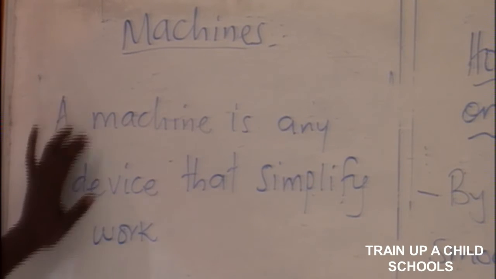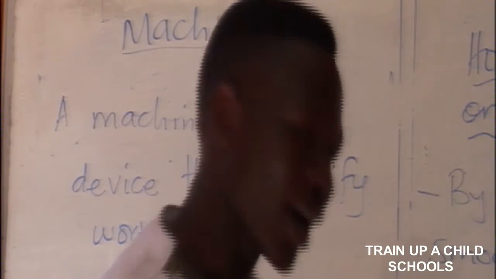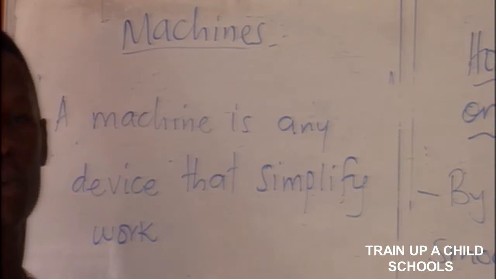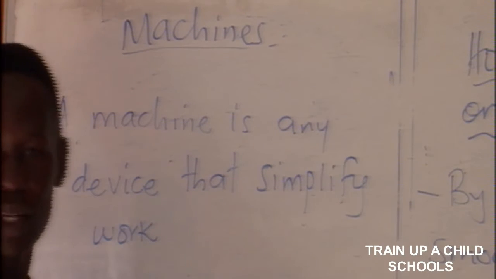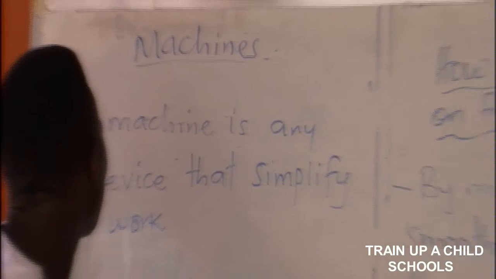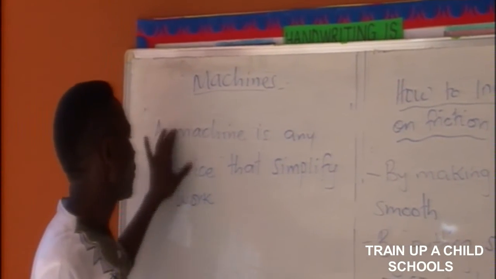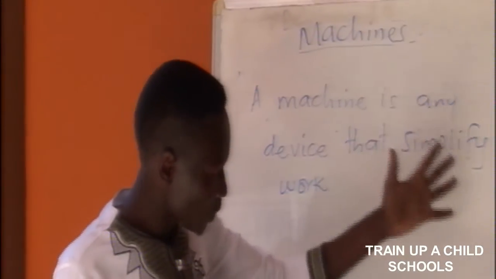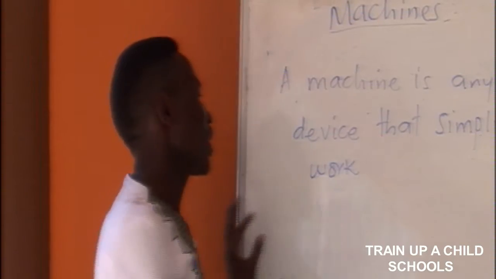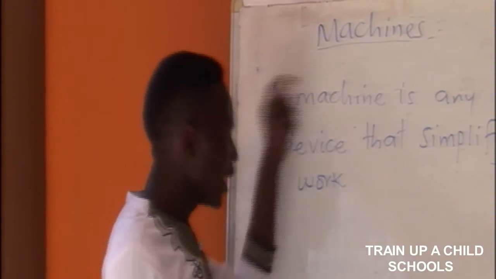Or you can say a machine is any tool that can simplify work. Any tool that you can use to do your piece of work. For example, you would want to cut something, or you would want to peel matoke or banana. So you can choose to use a knife in order to peel that banana, such that you can have it without peels. So you can use a knife as a machine that helped you to simplify.